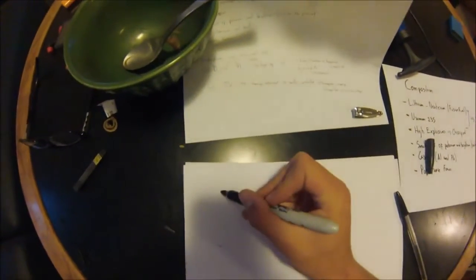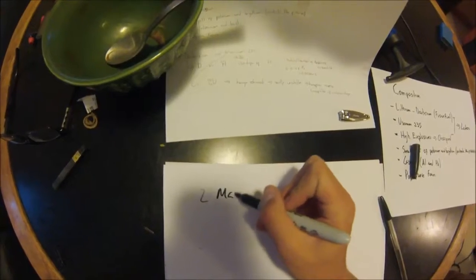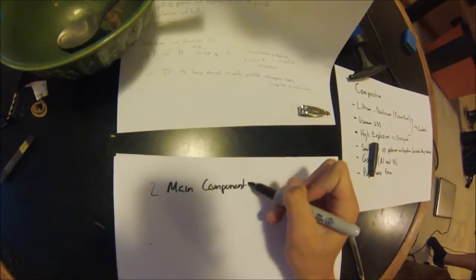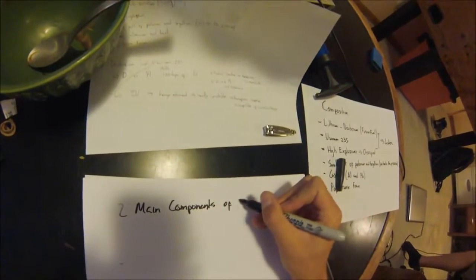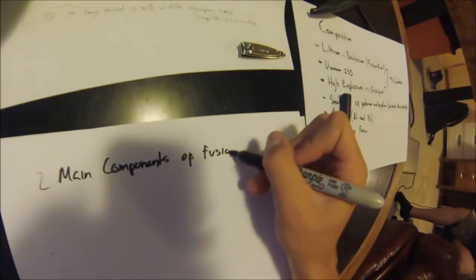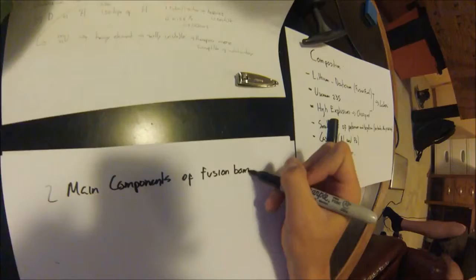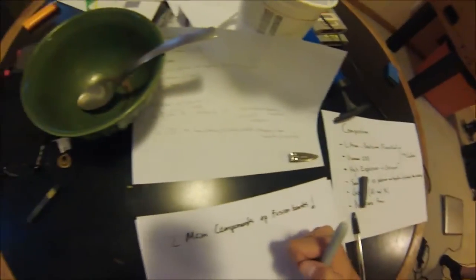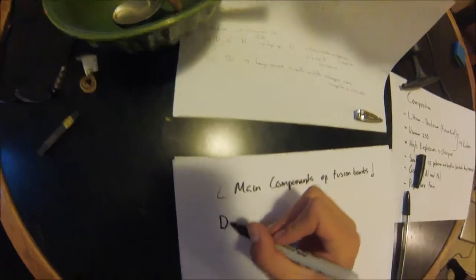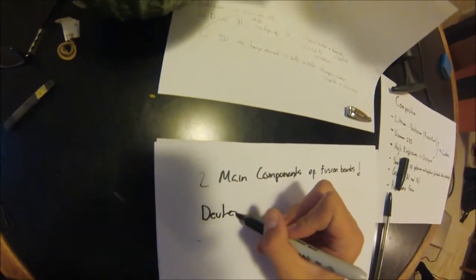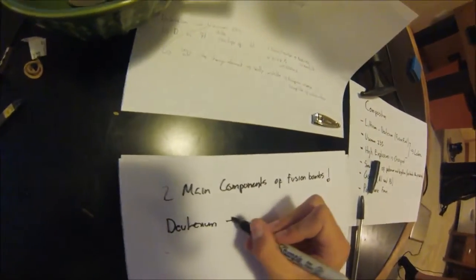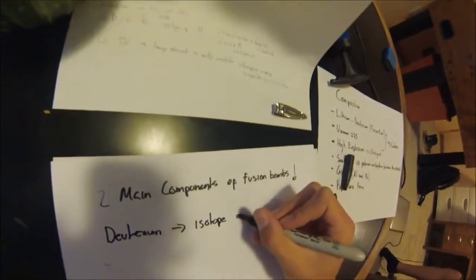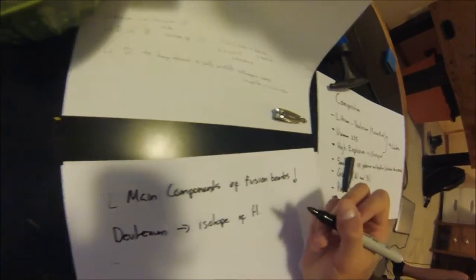Okay, these are the two main components of fusion bombs. The first main component is deuterium, that is an isotope of hydrogen.